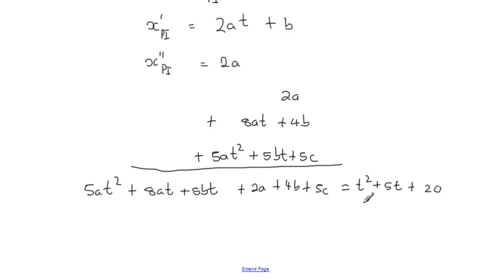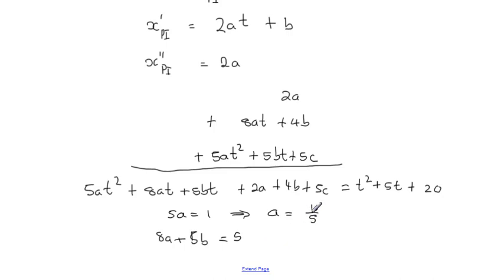So comparing coefficients, we see that 5a equals 1, which is the coefficient of the leading term, which simply gives us that a equals 1 over 5. And then next we've got 8a plus 5b, which is our linear coefficient, equals 5.